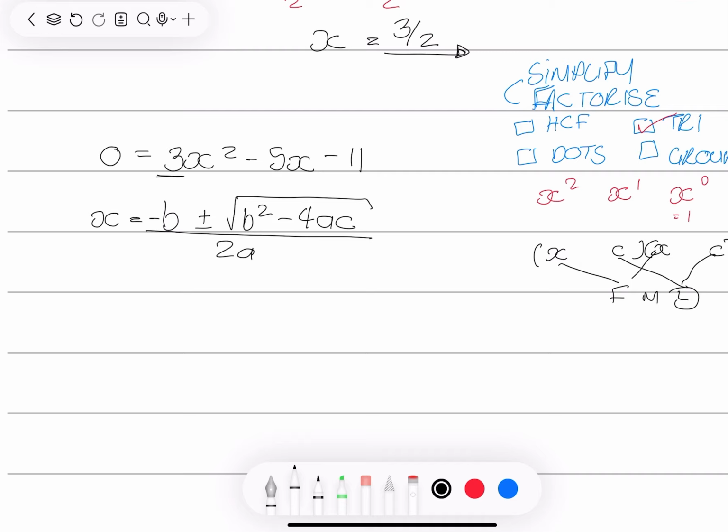All right, and then obviously we just substitute. Our a value is positive 3, our b value is negative 5, and our c value is negative 11.